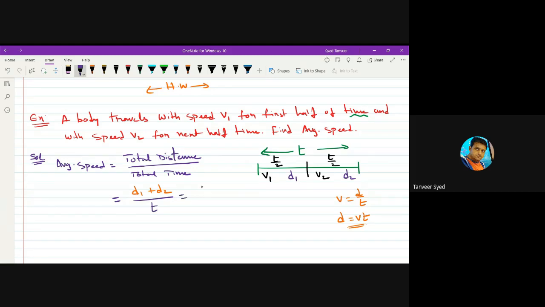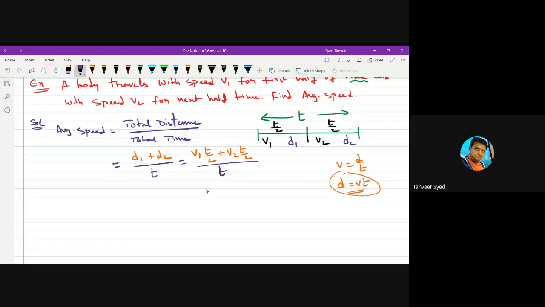Okay. How can we write this distance? Distance can be written as speed into time. d1 distance is covered with speed v1 in how much time? t by 2 time. So v1 into t by 2 plus d2 distance is covered with speed v2 in how much time? t by 2 time, divided by t.